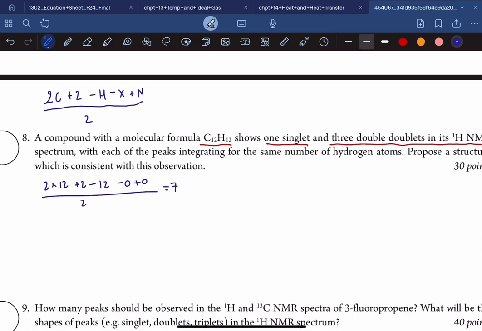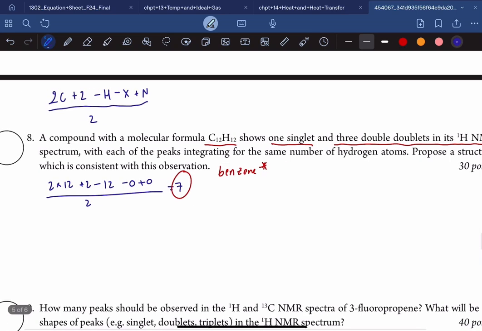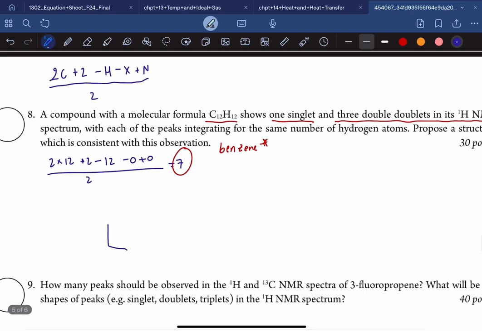So immediately you see 7, right? And you've got to think, since this is greater than 4, you probably have a benzene. Benzene is probably going on here. So let's just draw in a benzene, and we'll start with that. And benzene is how many degrees of unsaturation? Does anybody know?